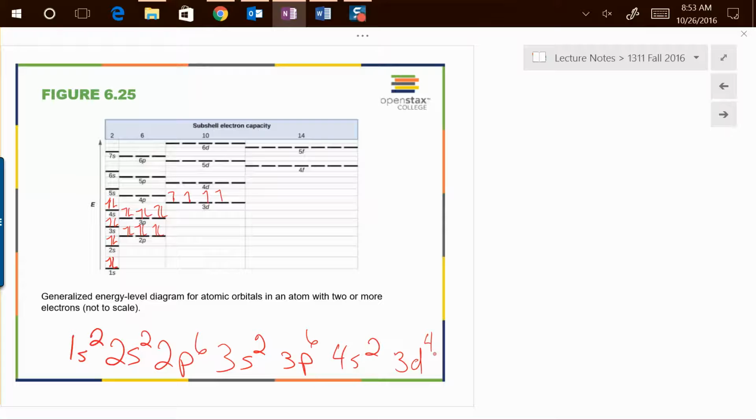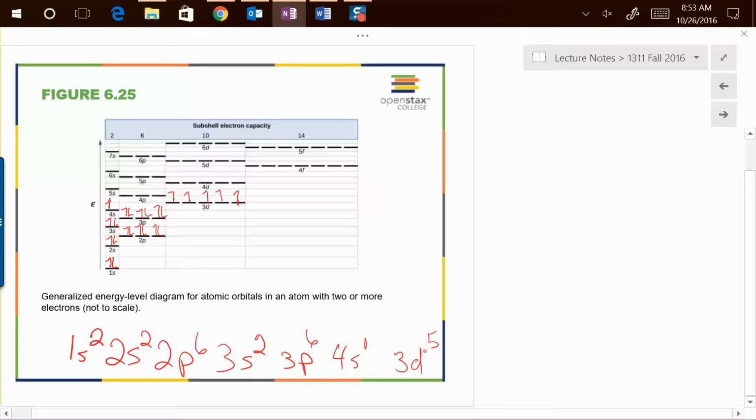4, right? Okay, well here's the crazy thing about chromium. This is not its electron configuration, just how we wrote it, okay? Because it actually steals an electron from the 4s and puts it into its empty d. So it will steal this one electron and it will put it here. So then the electron configuration of chromium becomes 4s1, 3d5.